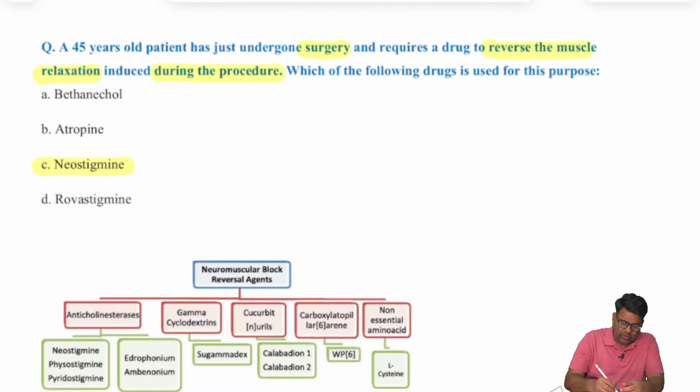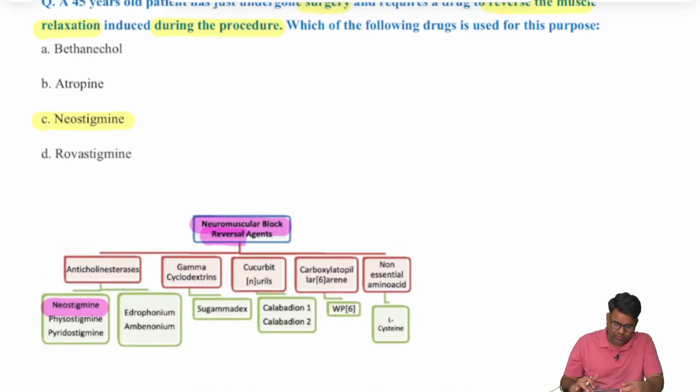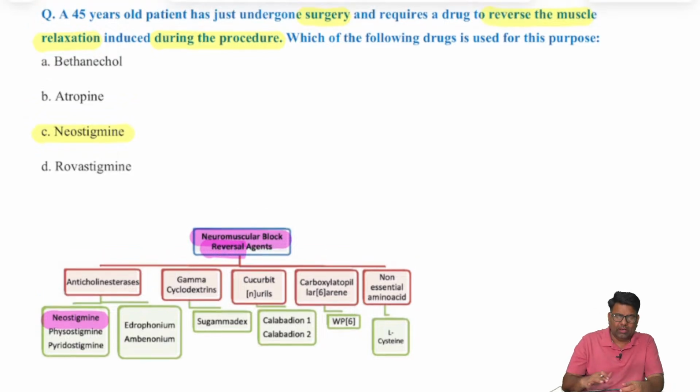So there are many agents which can be used for neuromuscular block reversal, and especially neostigmine or physostigmine or pyridostigmine. So neostigmine is important here for reversal of neuromuscular blockade, which actually resulted in muscle relaxation.